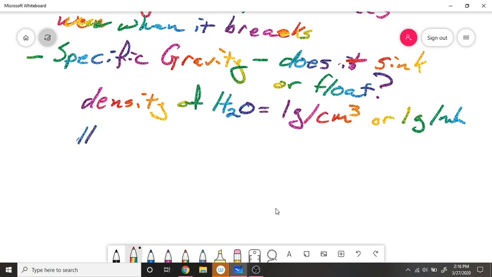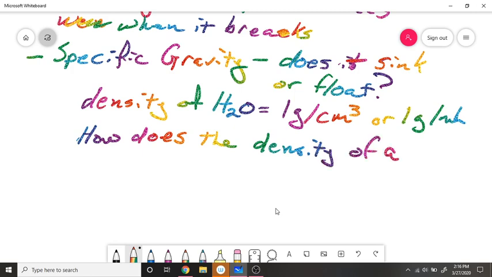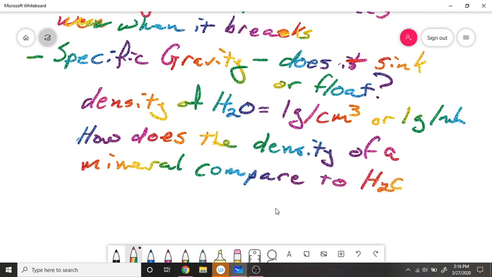So how does the density of a mineral compare to water? If its specific gravity is 1, then it has the same density as water.